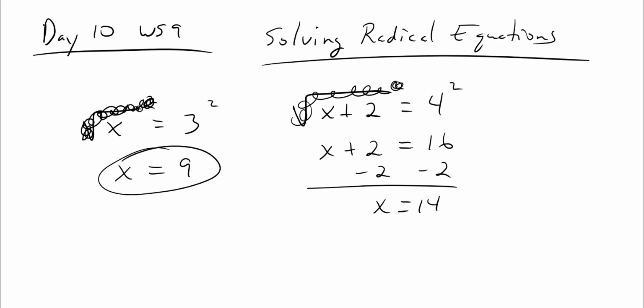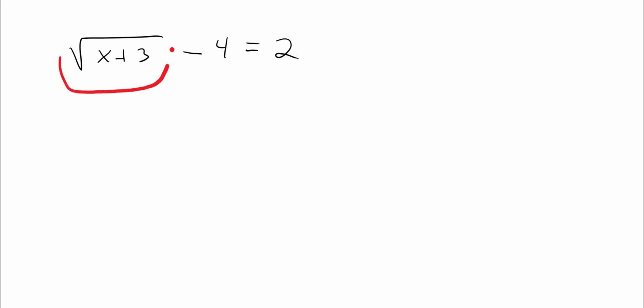Okay, so let me get a little more challenging, but not really that big of a deal. If I get a problem like this, square root of x plus 3, and I'm going to put a minus 4 on the outside, equals 2. Here's the deal, really, really important. See this right here? You need to get this all by itself first. The stuff with the square root has got to be all by itself.